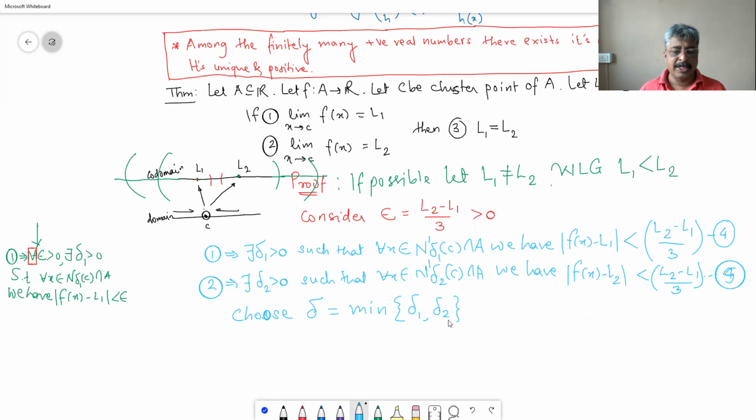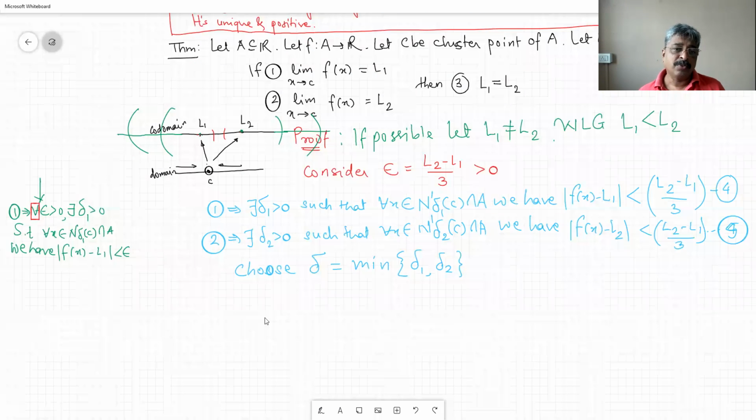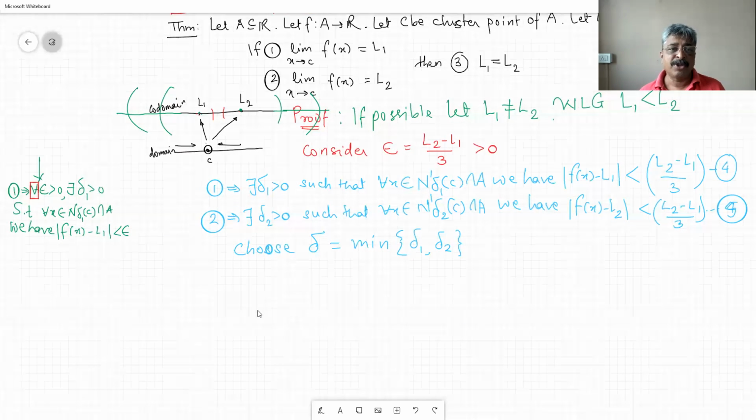If delta 1 is smaller than delta 2, all the points in the delta 1 neighborhood of C will be in the delta 2 neighborhood of C. So the intersection is going to be common between them. So for this delta, what will statement number 4 and 5 do?